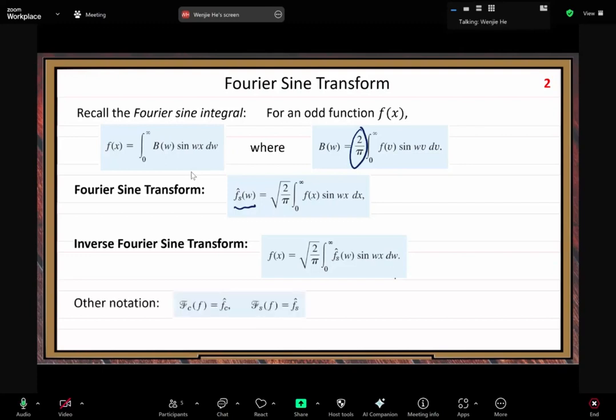Other notation: similar to our Laplace transform, where we use the symbol curly L, here for Fourier, another big important transform, we use the curly F notation. So for Fourier cosine transform and Fourier sine transform we use that notation, and also for the inverse.